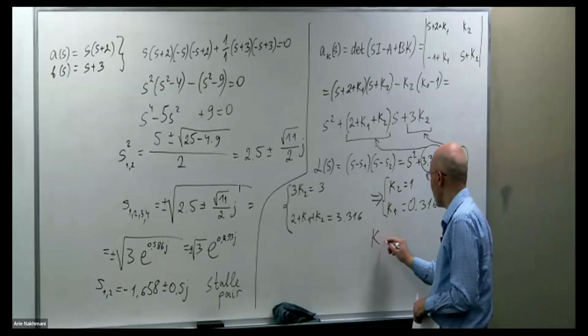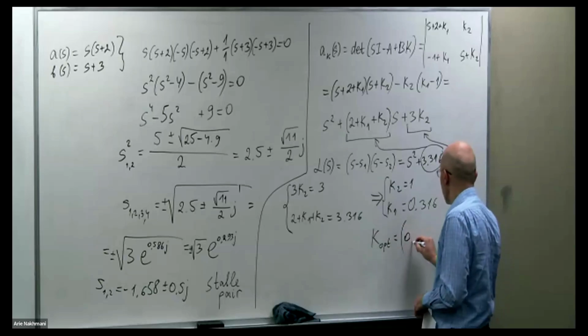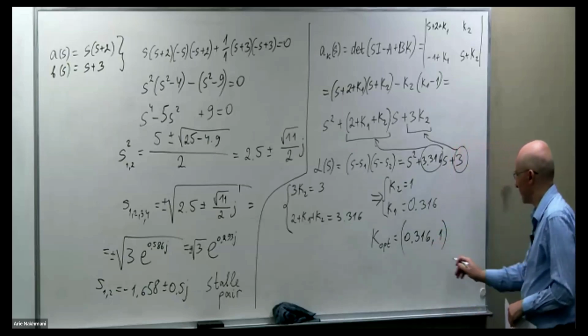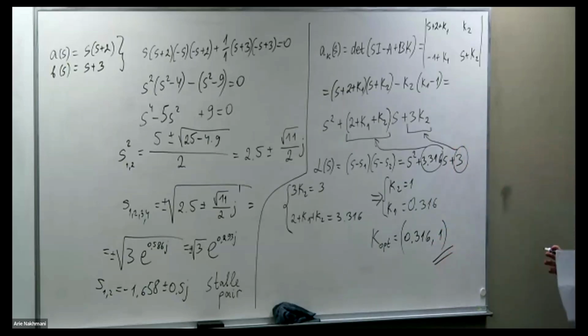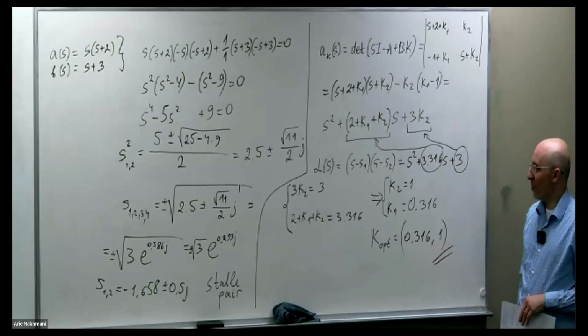And the final controller will be these two numbers. And you can compare to the solution of the Riccati equation, you got exactly the same controller. Because it is unique, you cannot get anything else. Right? This is the optimal controller.